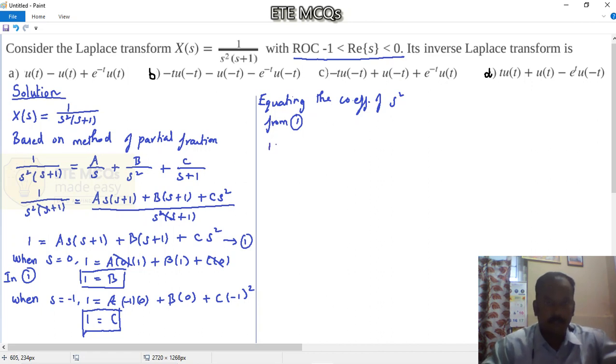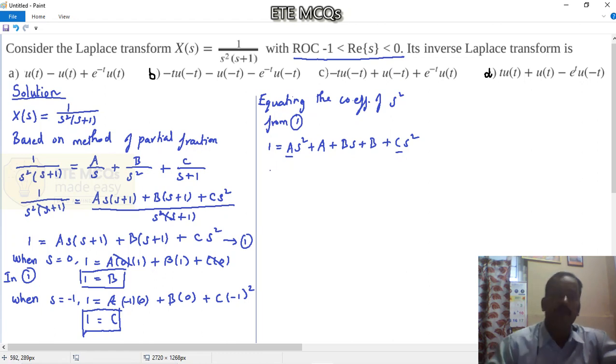So let me just write it. You will have 1 equal to A s squared plus A plus B s plus B plus C s squared. When you equate the s squared coefficient, only these coefficients get equated, and on the left hand side you have 0.